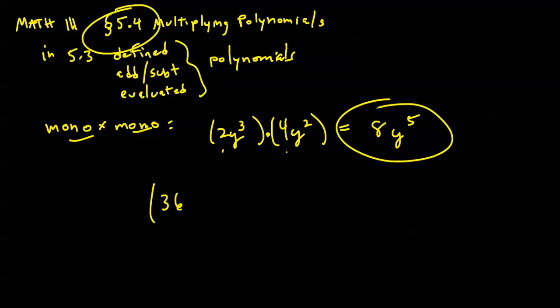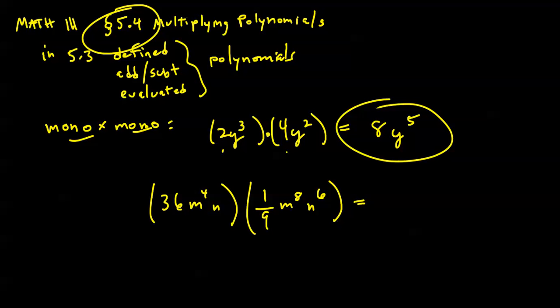Again, maybe a more interesting monomial times monomial. Let's say I've got 36 m to the fourth power times n. That's a monomial of degree 5 times 1/9 m to the 8th n to the 6th. It's a monomial of degree 14.